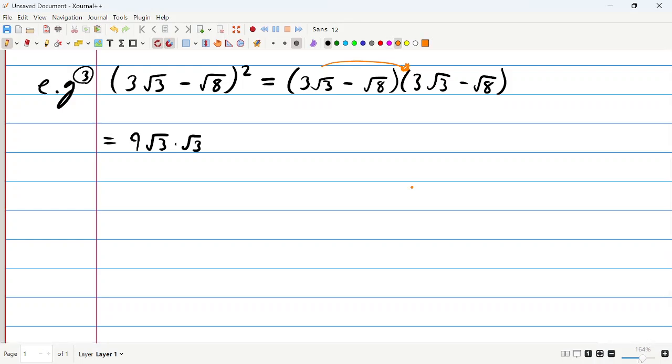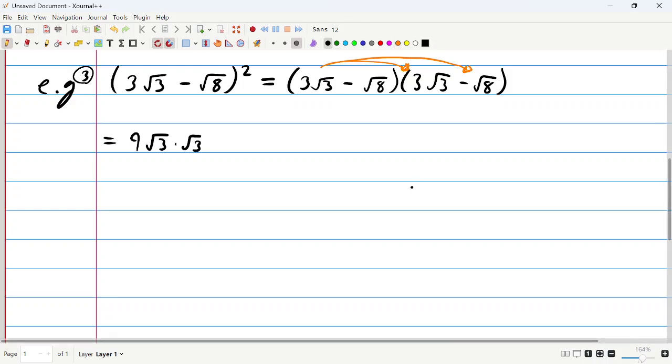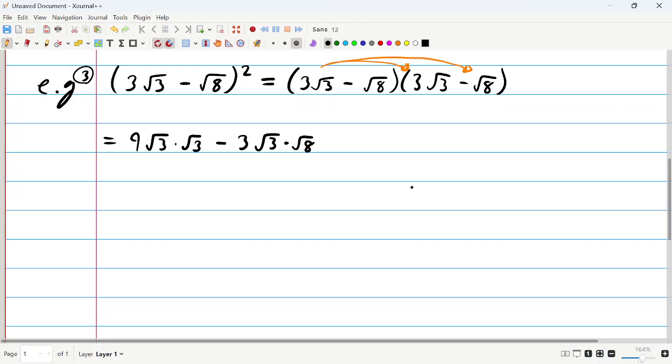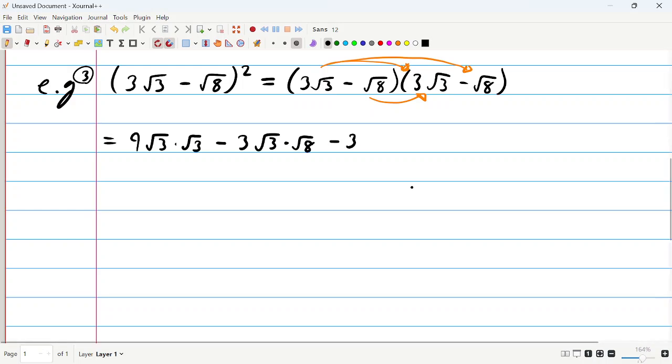Then we take the outer, which is the O in FOIL: 3 root 3 multiplied by negative root 8. So it's minus 3 multiplied by root 3 multiplied by root 8. Then we take the inner: negative root 8 multiplied by 3 root 3, which is basically the same thing, 3 root 3 multiplied by root 8.